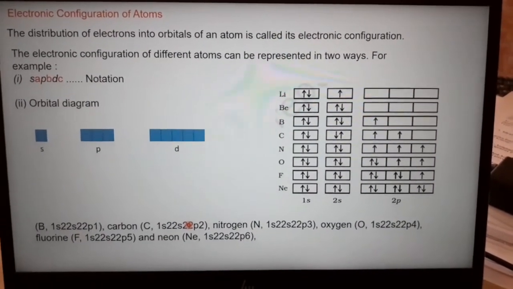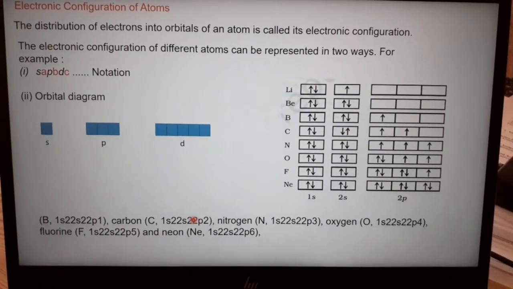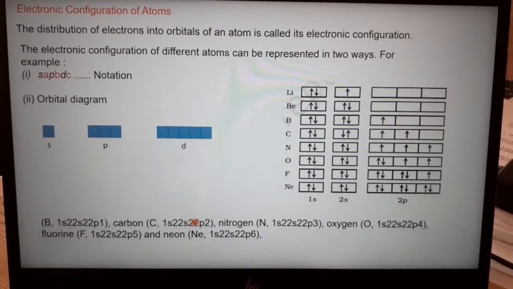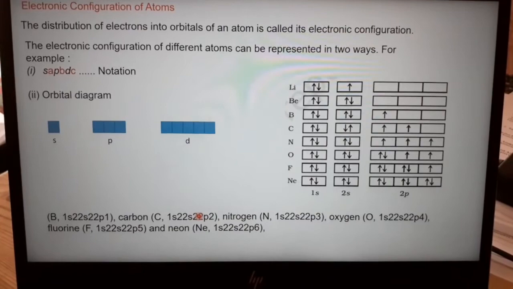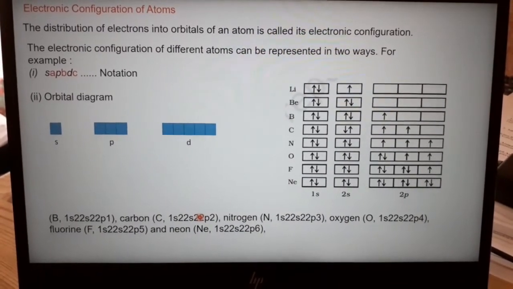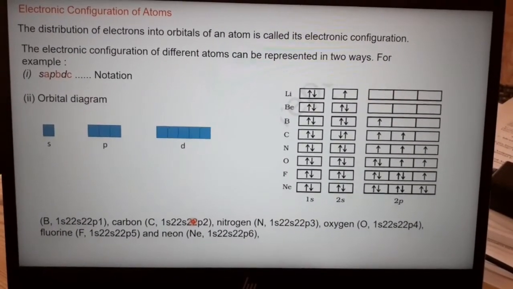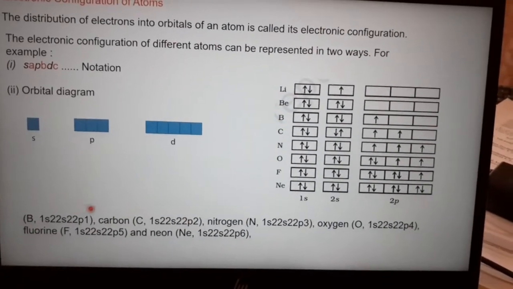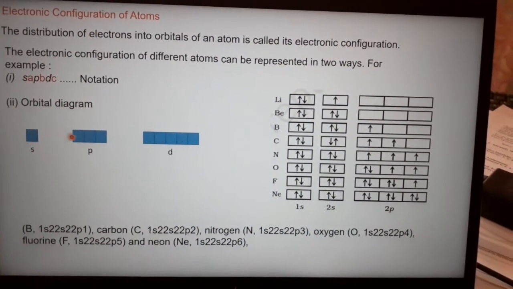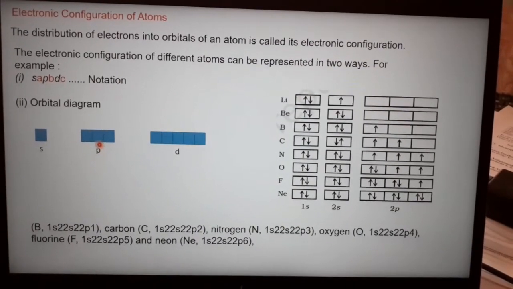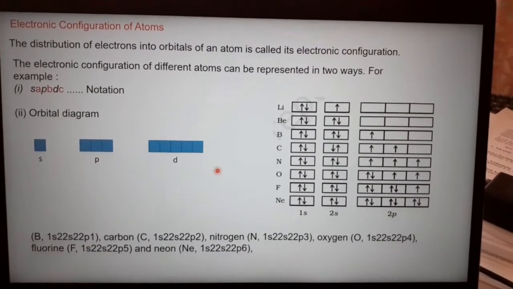Now the electronic configuration, how it comes out. The electronic configuration of different atoms can be represented in two ways. One is the spd notation, and the other is the orbital box diagram. The spd notation shows the maximum number of electrons each subshell can occupy, right?